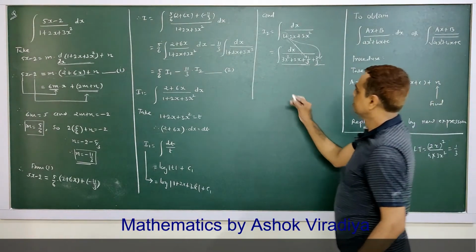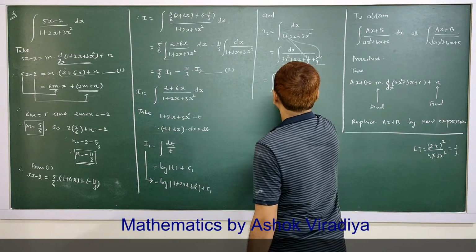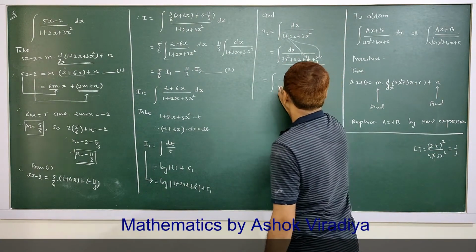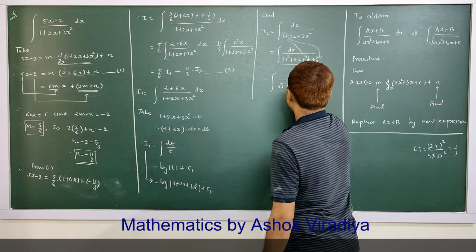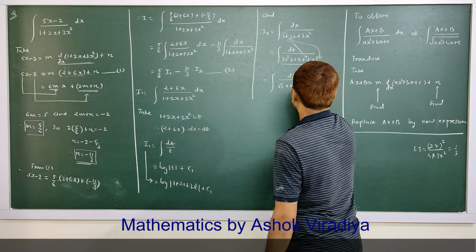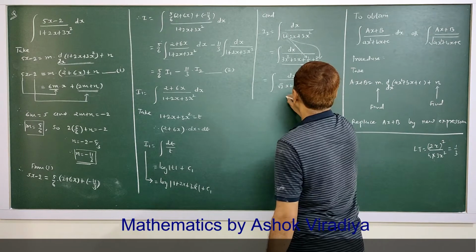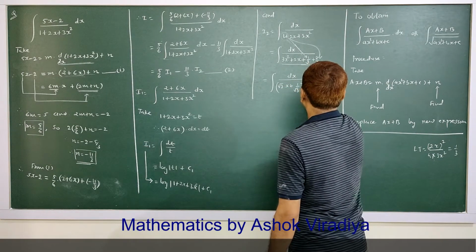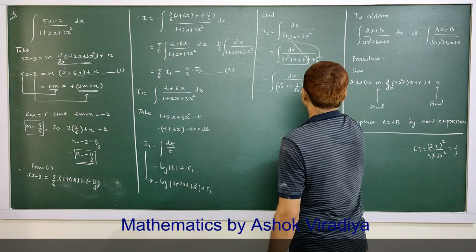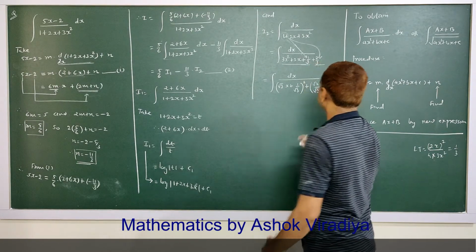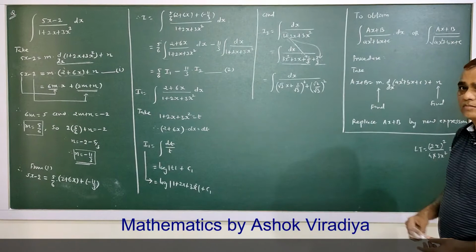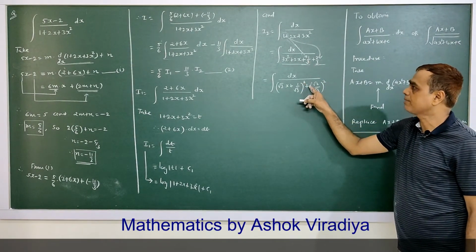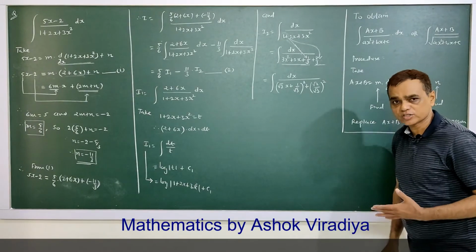So this becomes dx upon, now this is root 3 into x plus 1 upon root 3 whole square plus root 2 upon root 3 whole square.